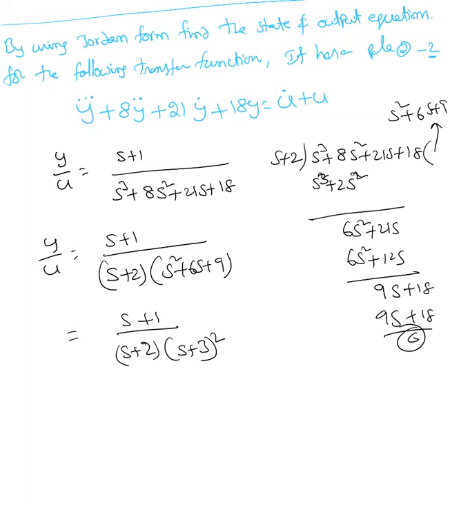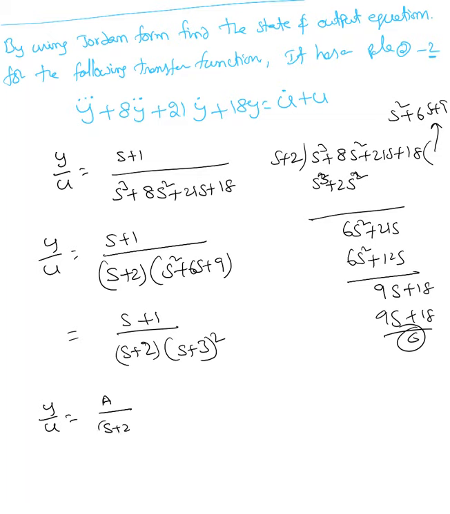This is called repeated pole. So it has 3 poles total, but one pole is repeated at s equal to -3. That means you have 2 poles there. A pole is repeated.